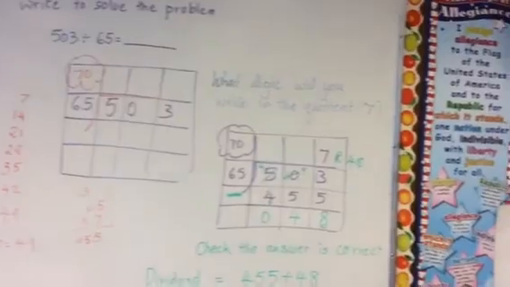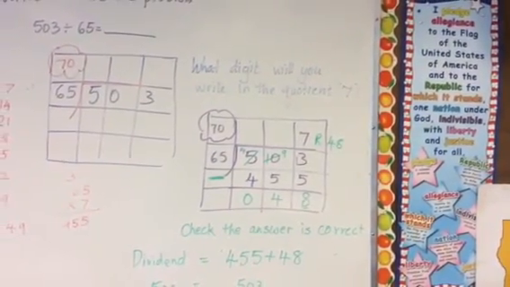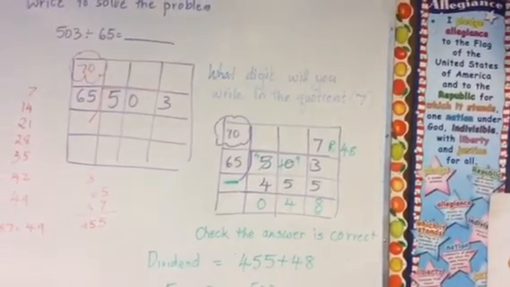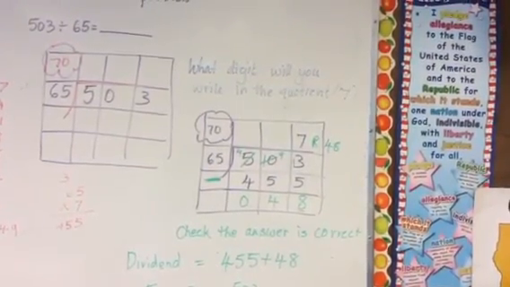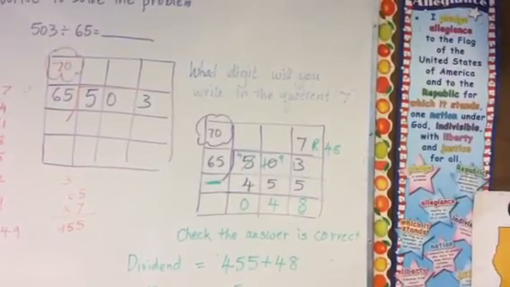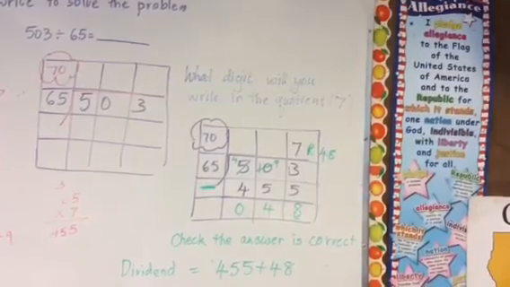And then what digit will you write in the quotient? 7 up there, and then you'll write 455, and then you'll subtract it. Because 3 is smaller than 5, you'll borrow from 0, but 0 doesn't have any, so you borrow from 5.